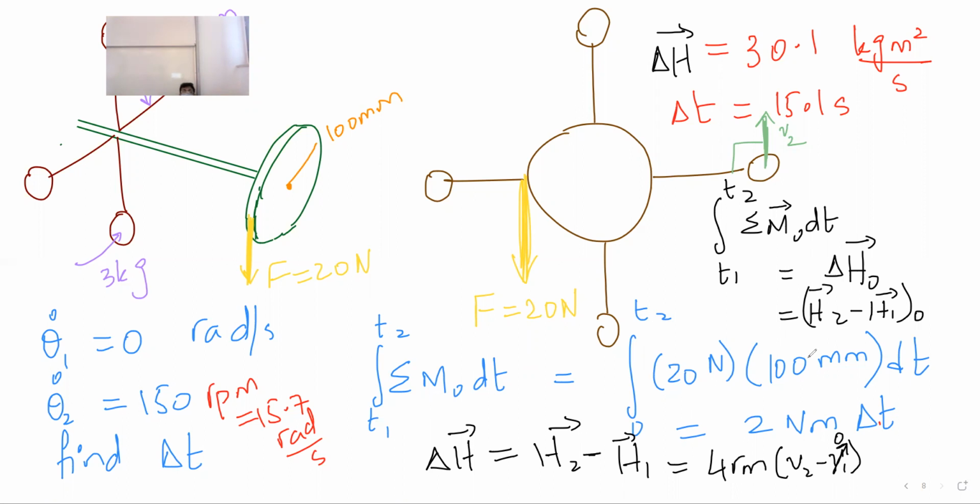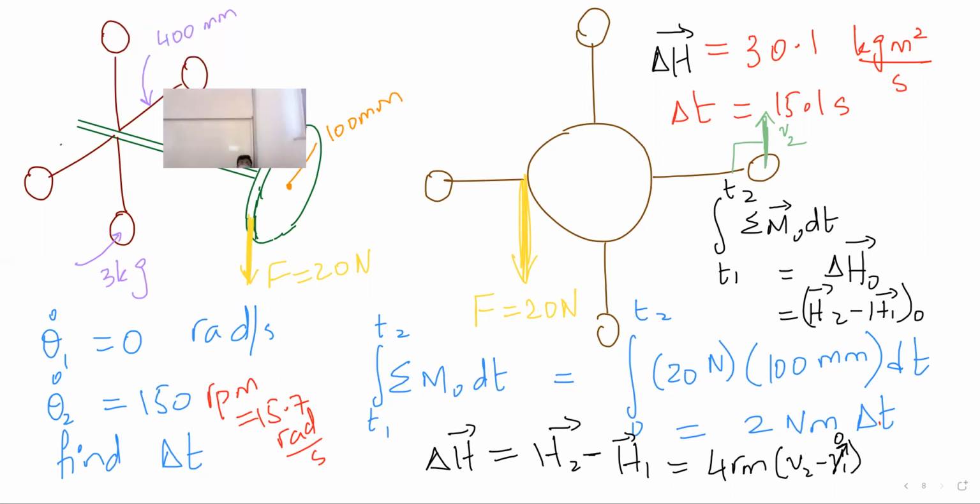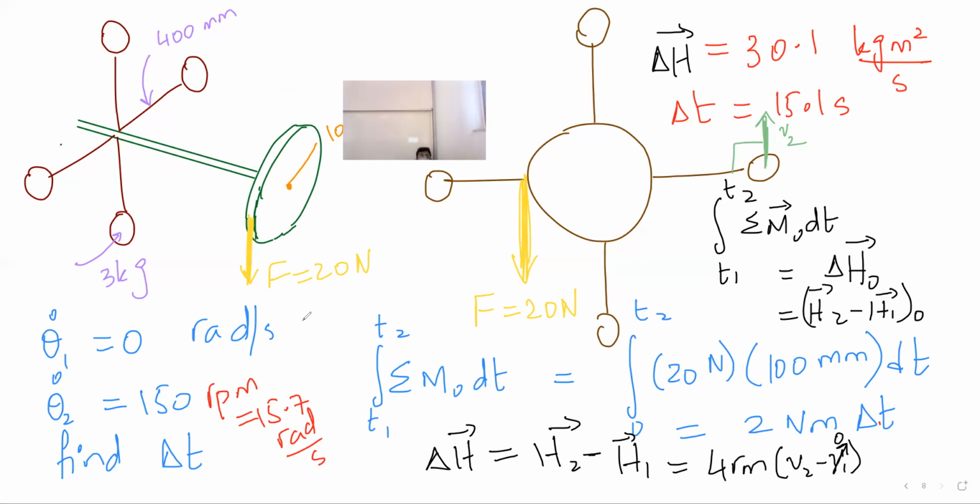Okay, chat message. How did you get V2? Oh, how did I get V2? So I said this is equal to H2 minus H1, change of momentum. And I said that V2 is equal to R omega.